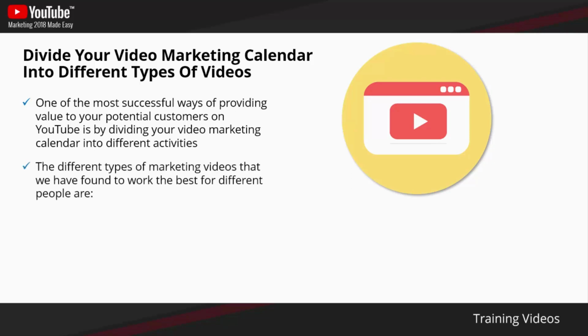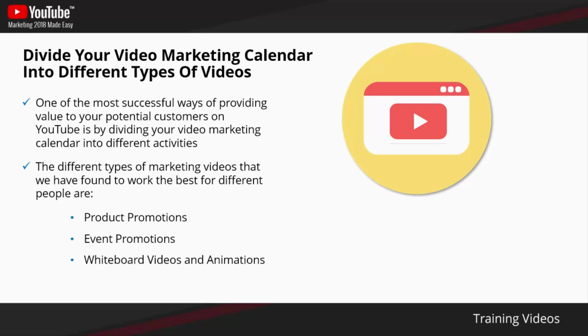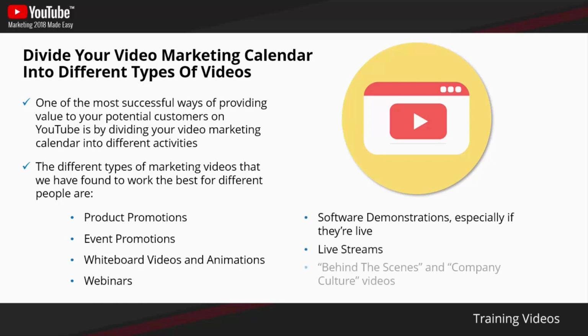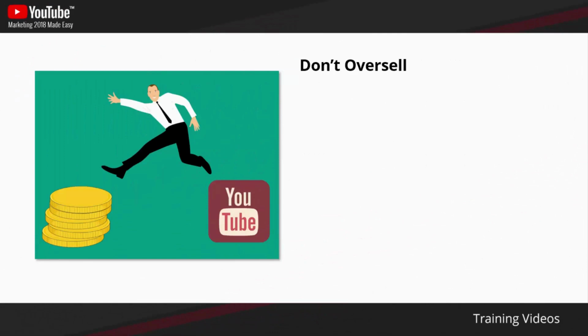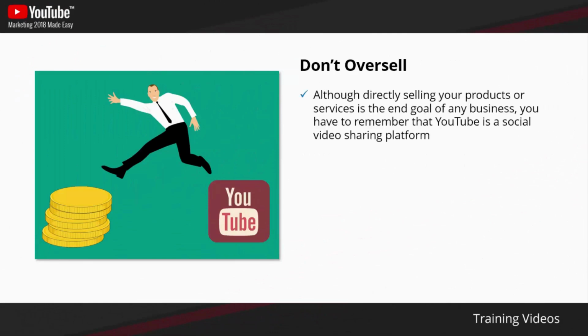The different types of marketing videos that we have found to work best for different people are product promotions, event promotions, whiteboard videos and animations, webinars, software demonstrations, especially if they're live streams, behind the scenes, and company culture videos.